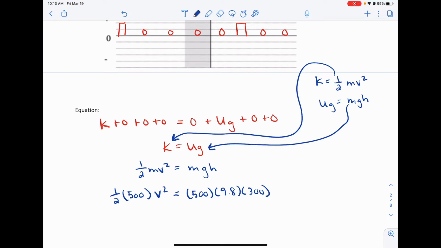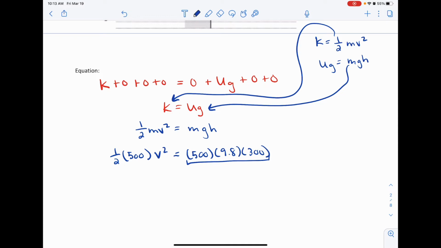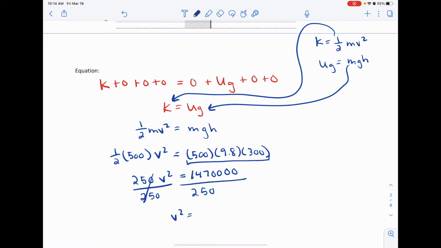We first put this whole thing in our calculator: 500 times 9.8 times 300 gives me 1,470,000. Then 1/2 times 500 gives 250 times v squared equals 1,470,000. Now I'm going to divide both sides by 250 to get that v squared alone. And I get v squared equals 5,880.